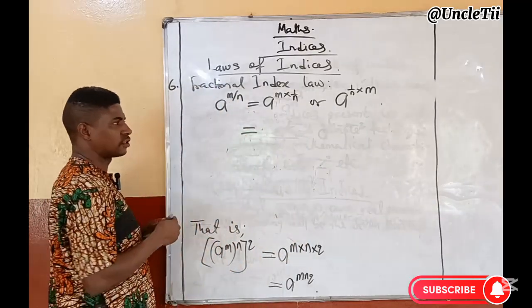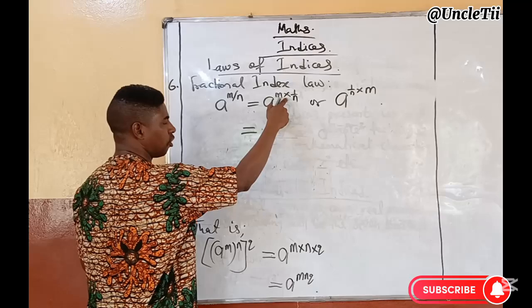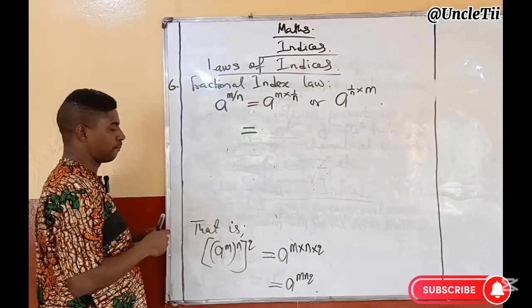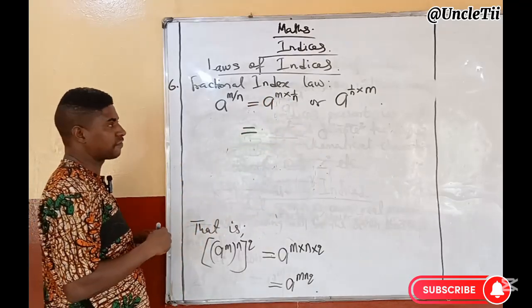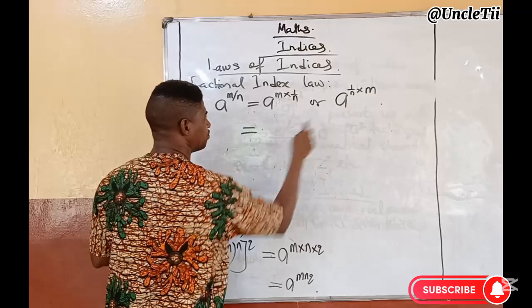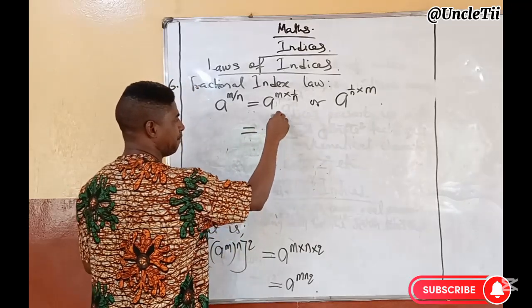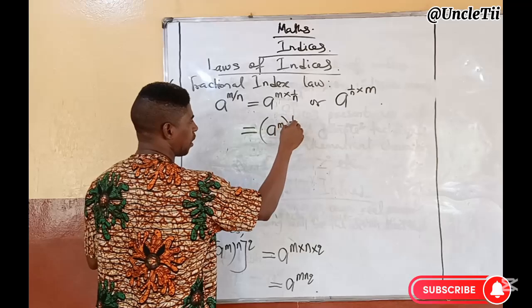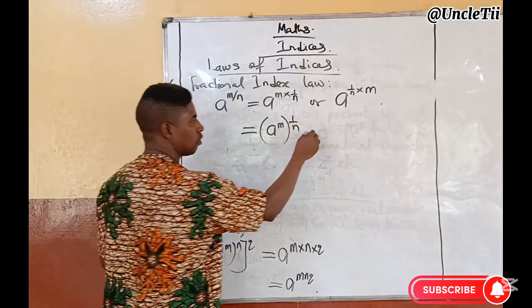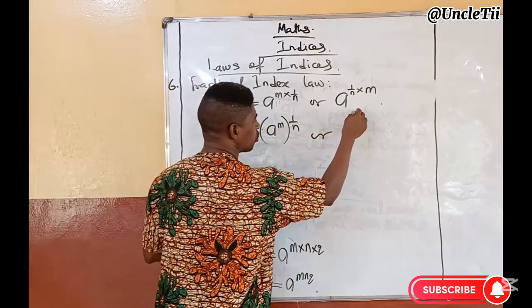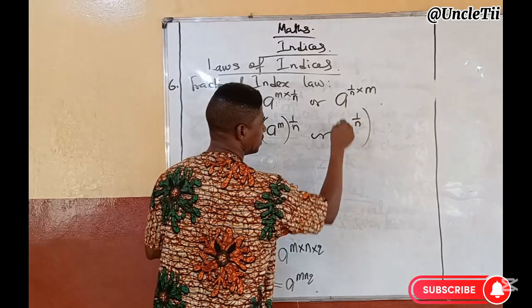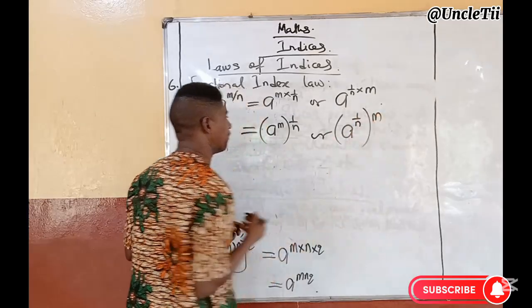Now from the multiple index law in law number 5, we can interpret both to mean a raised to power m raised to power 1 over n, or a raised to power 1 over n raised to power m.